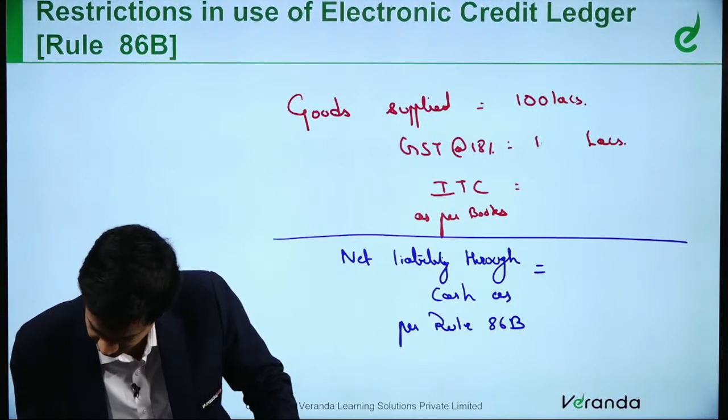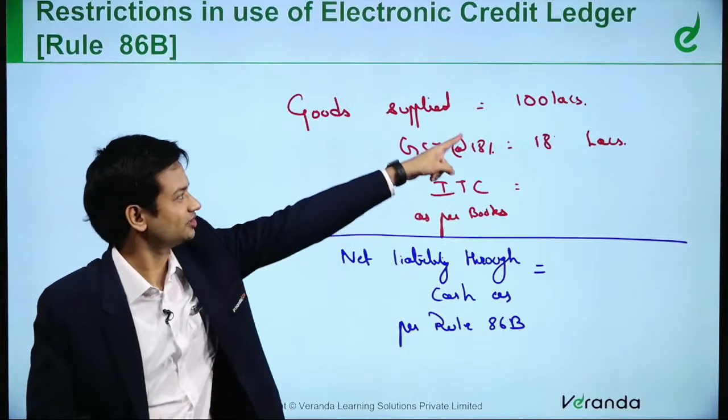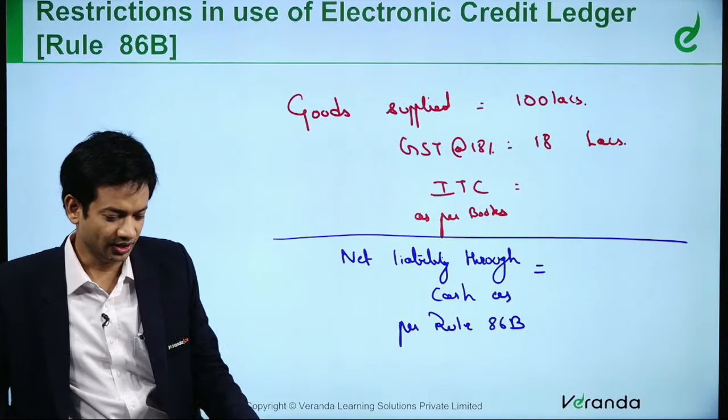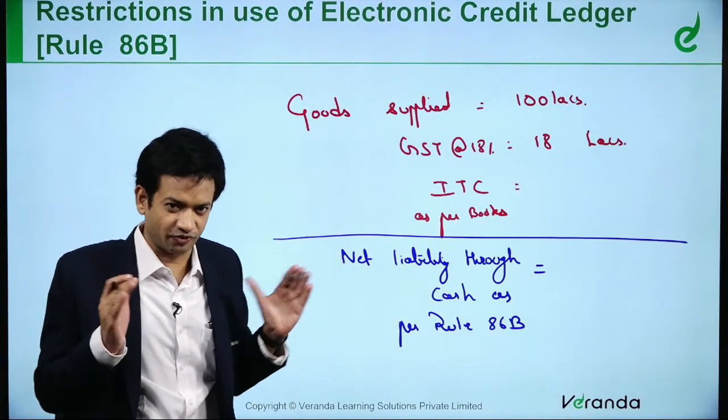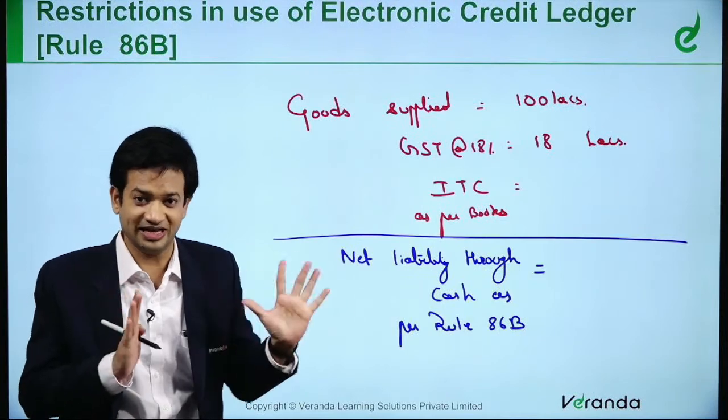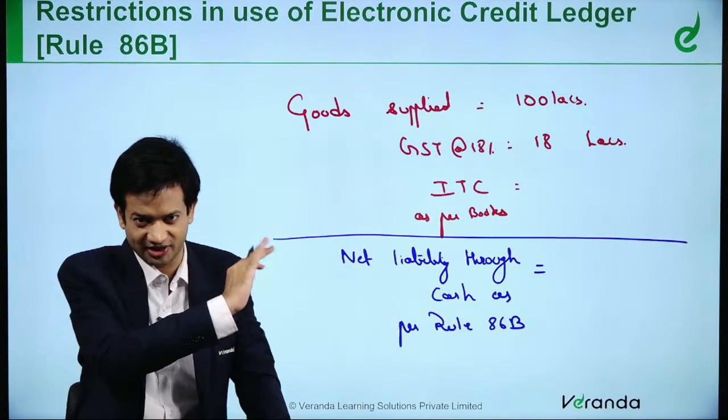So let's say 18 lakhs. Why have I changed this 10 lakhs example to 100 lakhs? I will give you the reason in the next slide, because this rule is not applicable if my turnover is below 50 lakhs. So the 10 lakh example I cannot take, that will be ineligible for this scheme. So only I have changed it. I will explain in detail in the next slide.